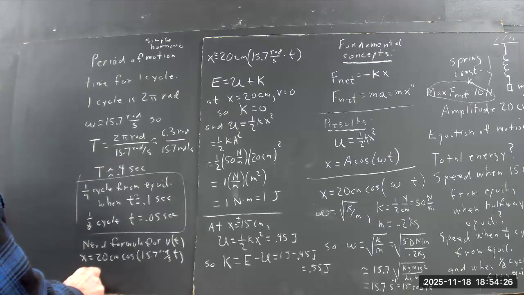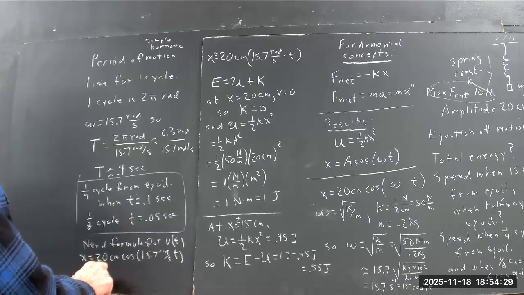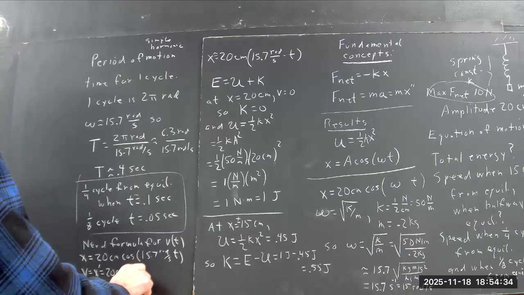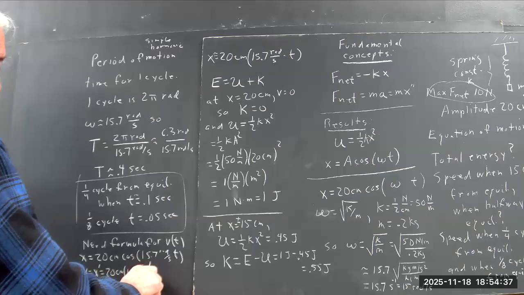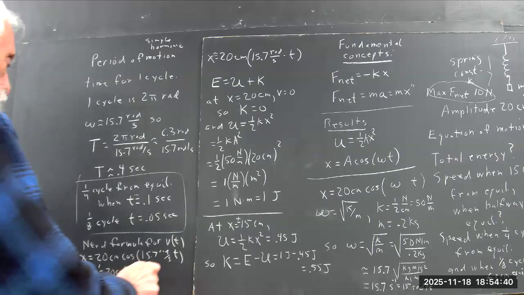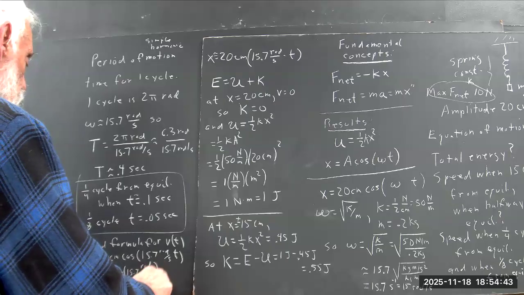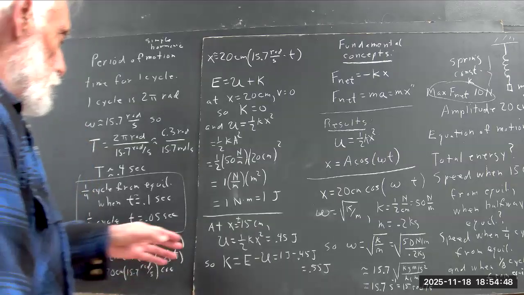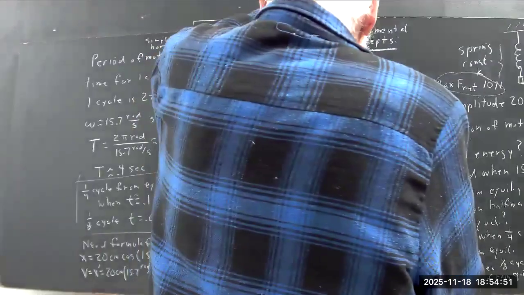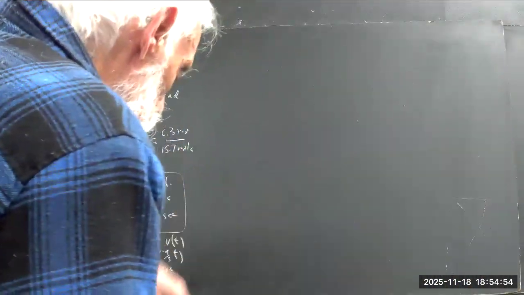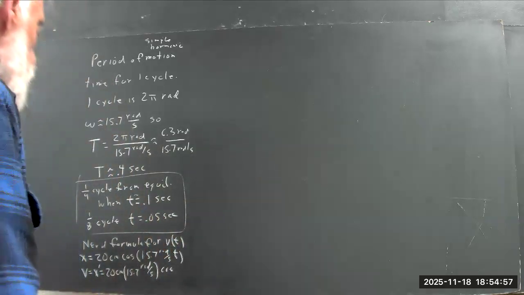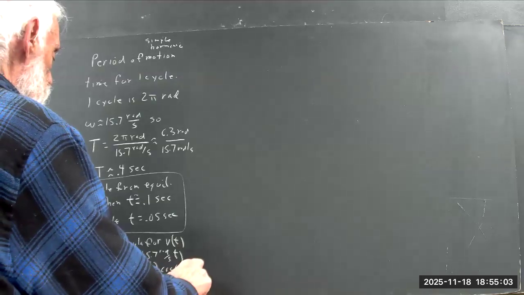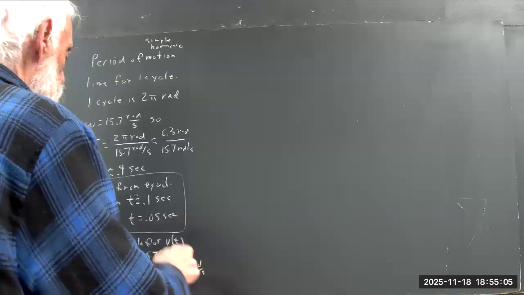So V equals X prime equals 20 centimeters times 15.7 radians per second times the cosine. And I'm going to have to get rid of this board. Okay, that would be times the cosine of 15.7 radians per second.